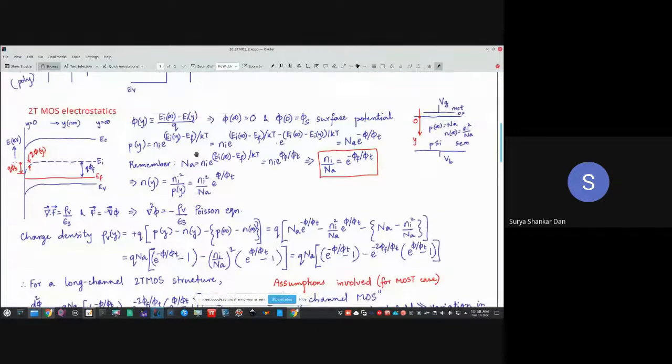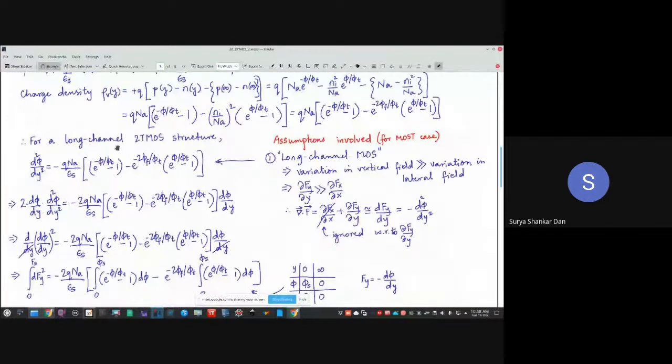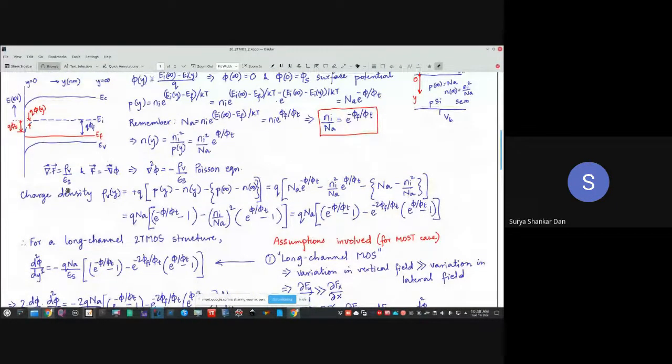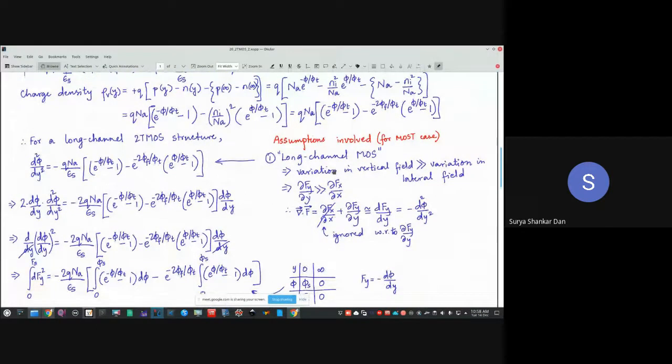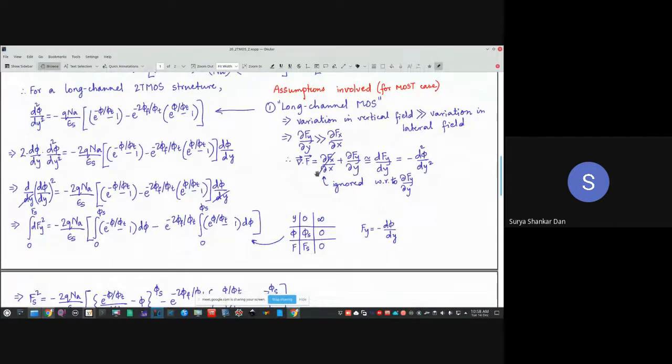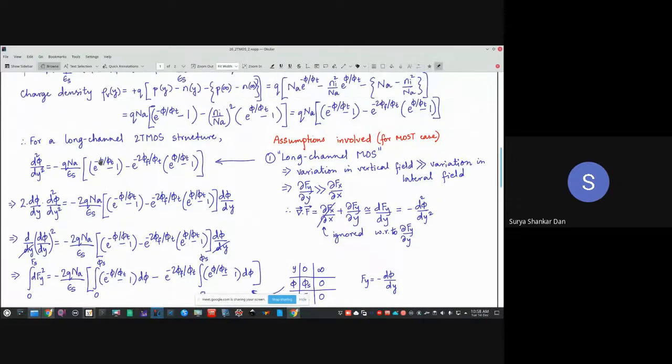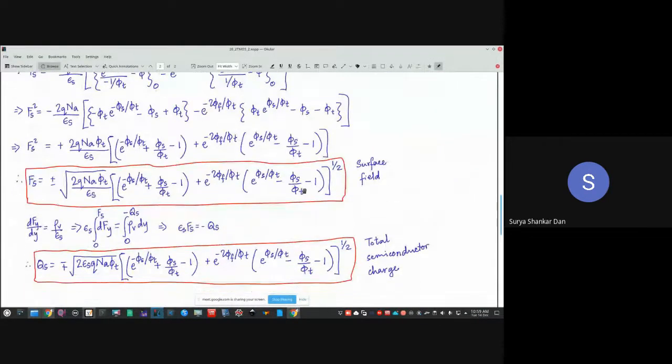When we were dealing with the 2T MOS electrostatics, we began with the same Poisson equation. Remember these? This is exactly what we did today. In the long channel MOS, we ignored the del Fx del x term with respect to this. So we did not even bother about this del 2 phi del x square anymore. We simply had this, so instead of partial differential equations, I've simply used standard differentials. And what was the end game? The surface field.